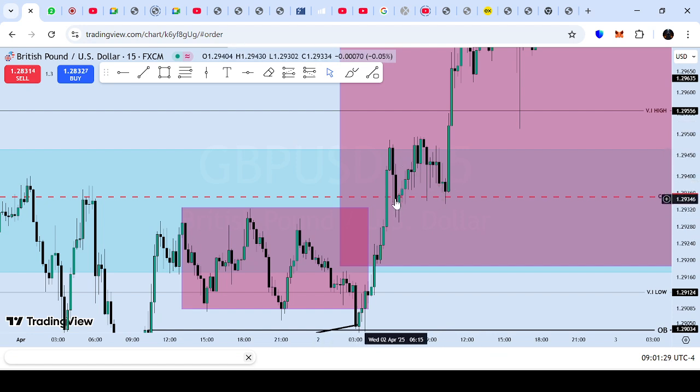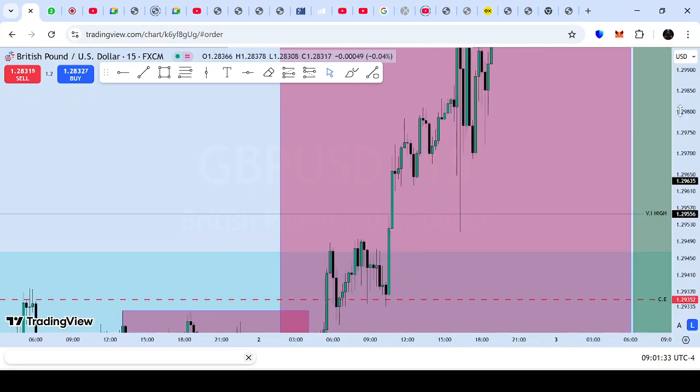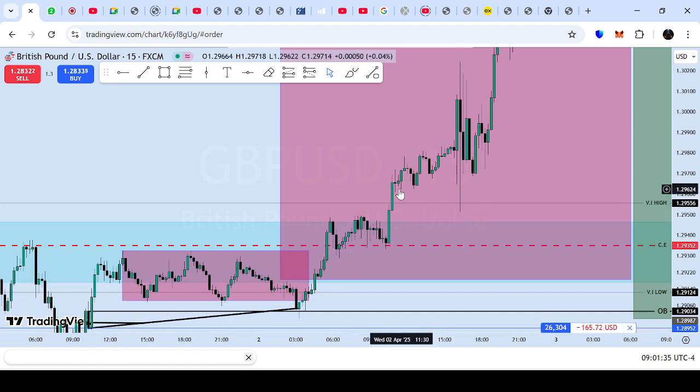This last close candle, higher low, last close candle, is equal lows. Then we have a higher low, higher low, higher low.